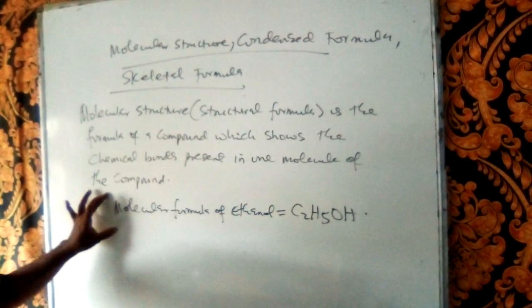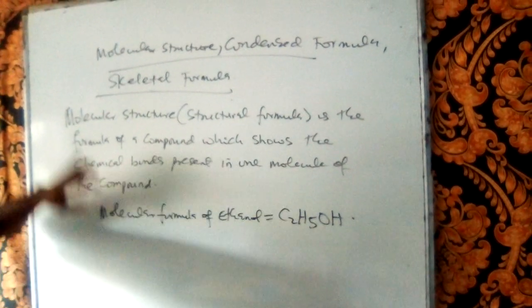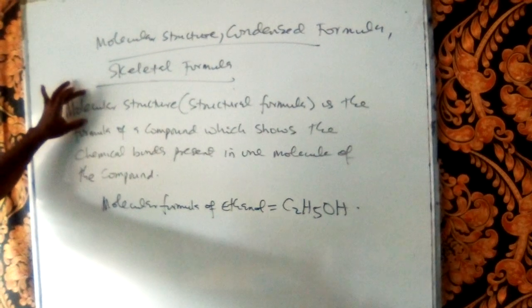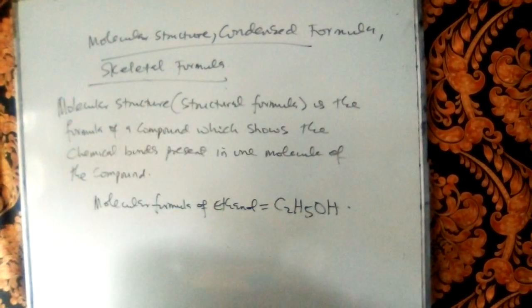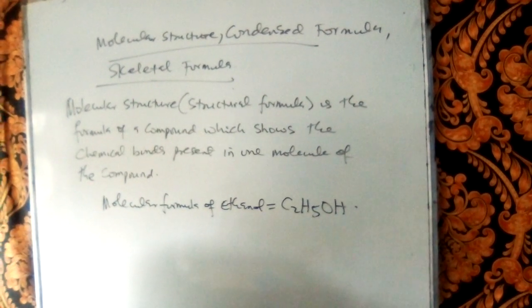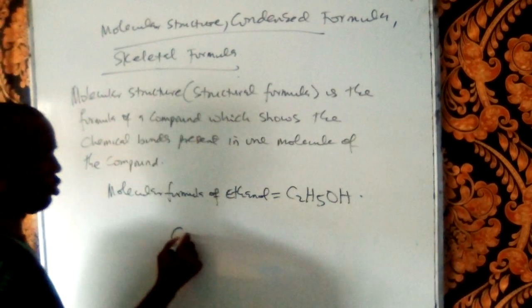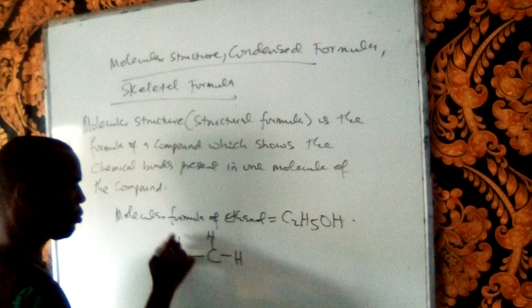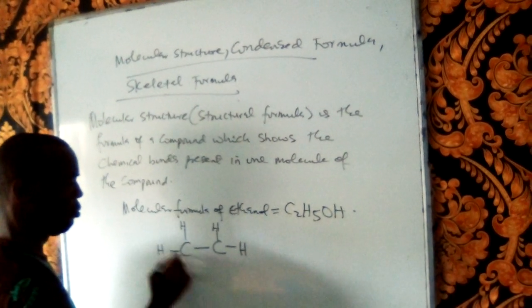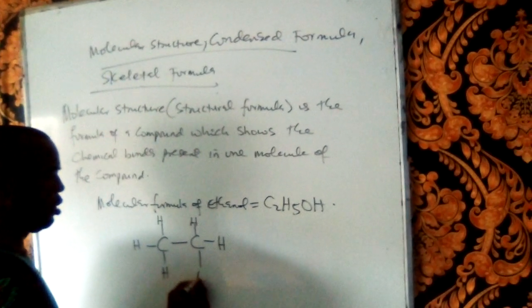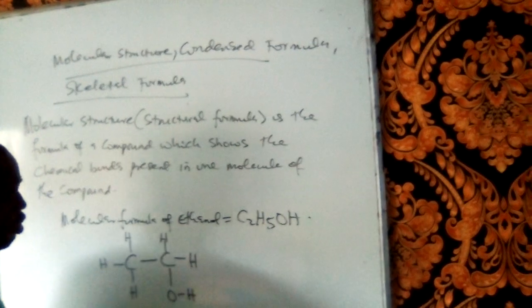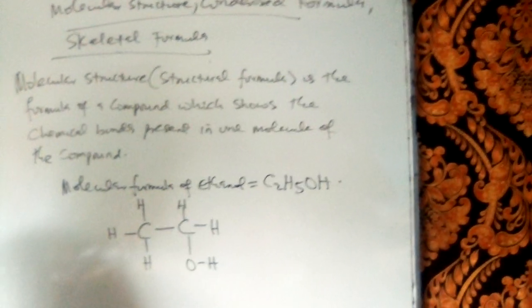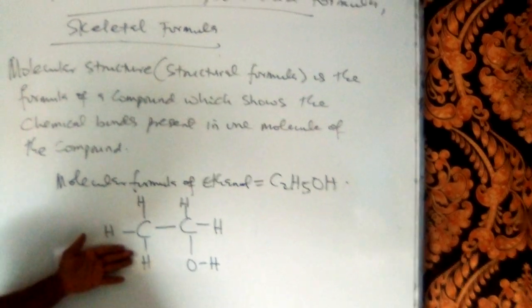This is the molecular formula of ethanol. But we're trying to look at what's called molecular structure, otherwise known as structural formula. Now, to get the molecular structure of ethanol, I have to draw the ethanol structure, showing the bonds present in ethanol.